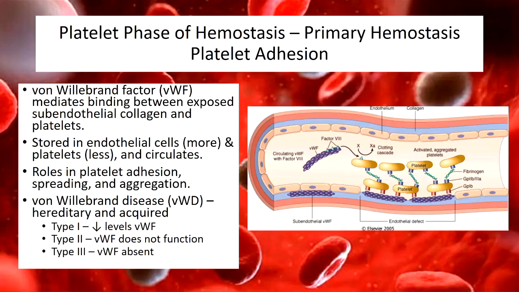So von Willebrand factor isn't there as much when you're trying to form a clot, so that's going to interfere with this platelet phase. Type 2 is you don't have von Willebrand factor at all, or actually I'm lying, it doesn't function properly. It's there, but it doesn't work. Type 3 is you're missing it, no von Willebrand factor. So there's three different von Willebrand diseases.